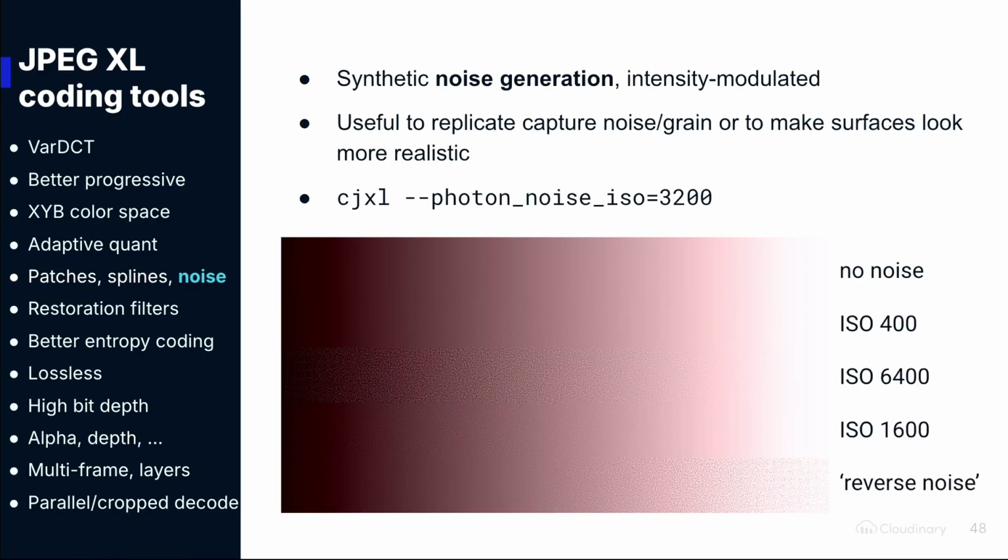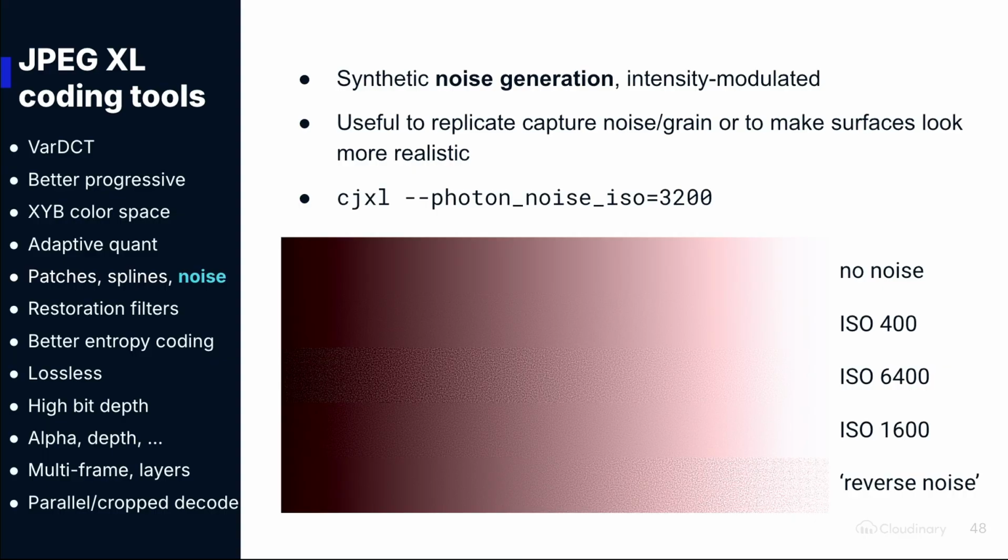We also have noise generation. Noise basically doesn't compress at all because it's random. It has maximal entropy, so there's nothing you can do to save bits. But perceptually you don't really care how noise looks exactly at the pixel level.